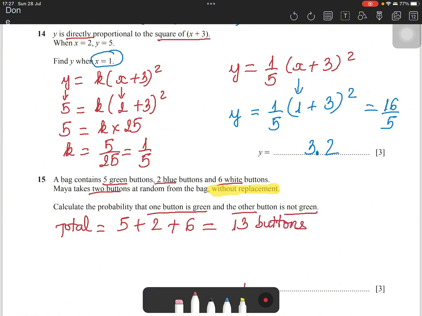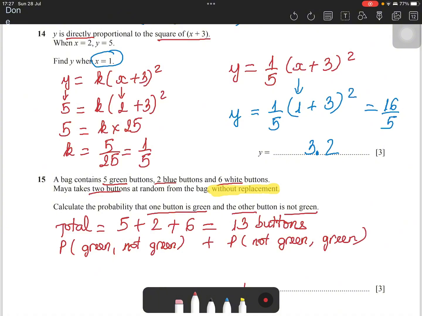So suppose that we want the probability that the first one is green, the second one is not green. Or maybe the first button is not green, but then the second button is green. So we have 2 cases.